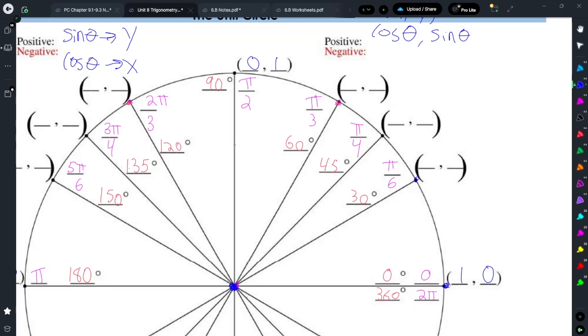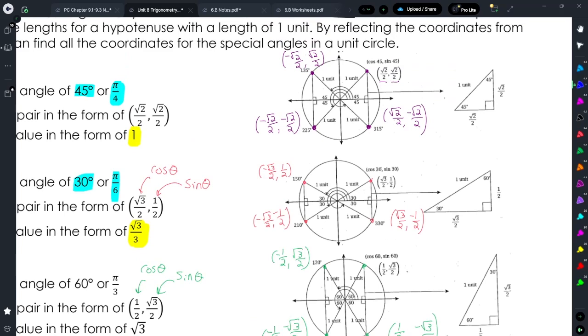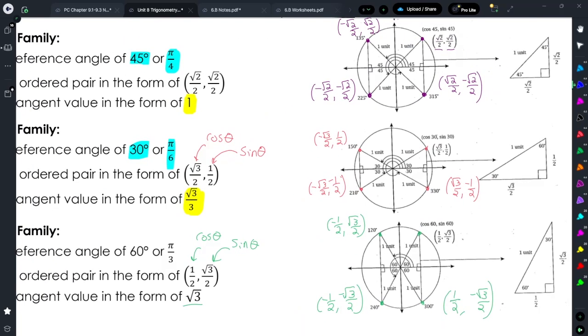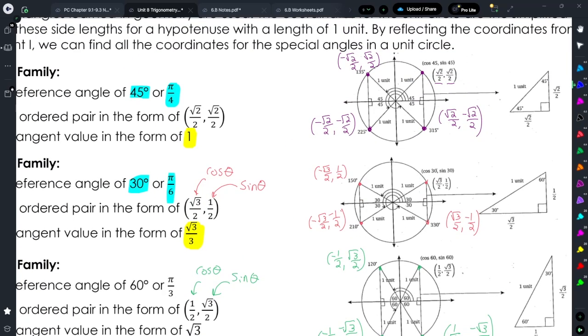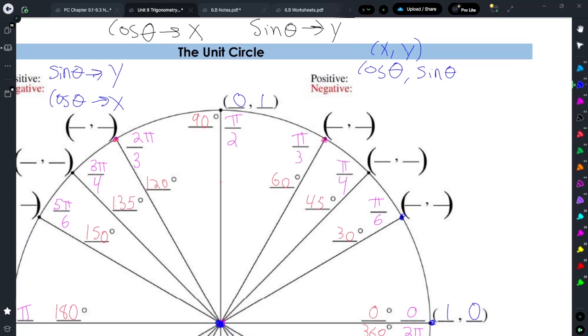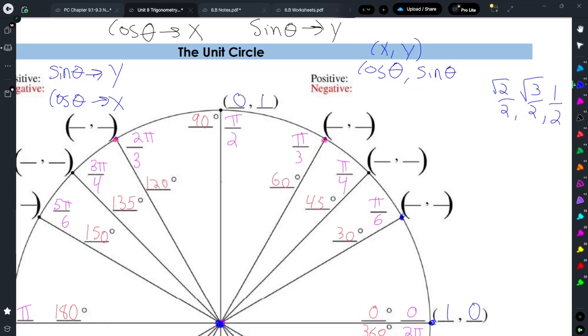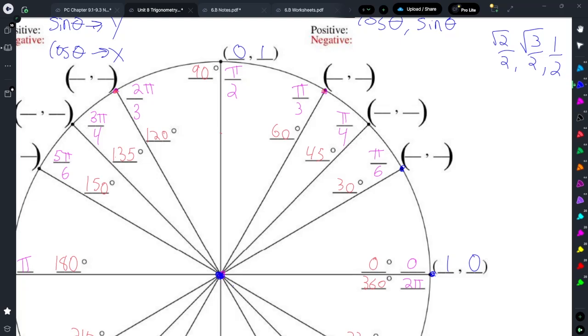Okay, so I'm going to do the pi over 6 family. And over here, I'm going to write down the different numbers that we have here for the sine and cosine value. It's either square root of 2 over 2, square root of 3 over 2, or 1/2. Now look at the x values.